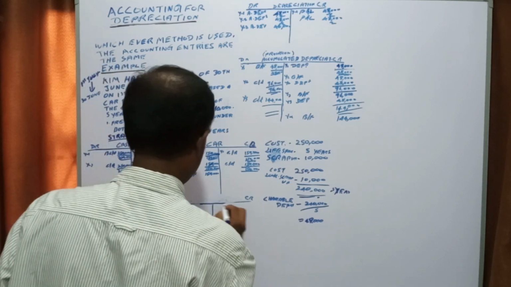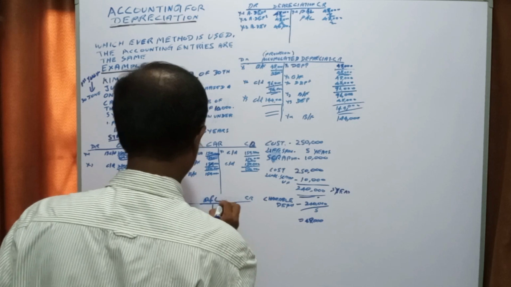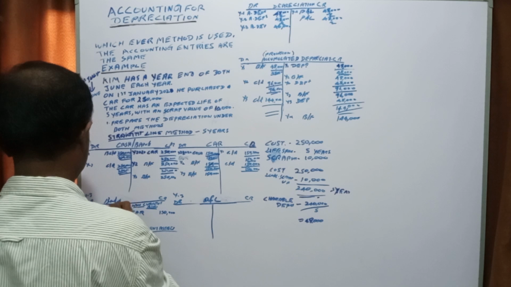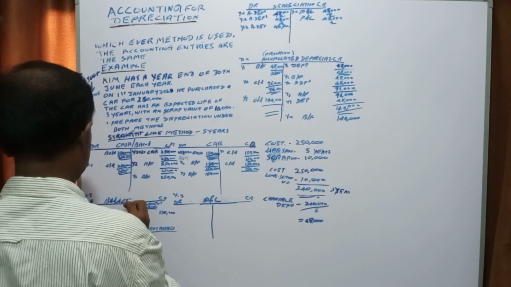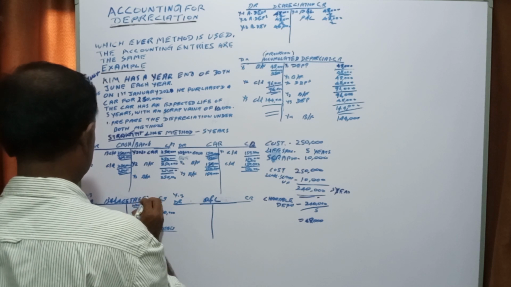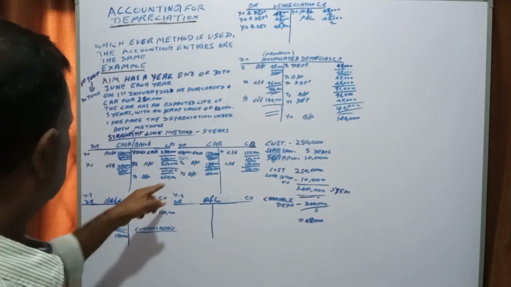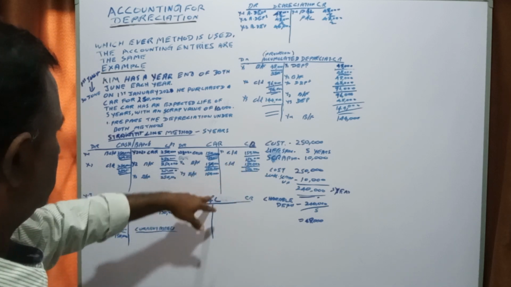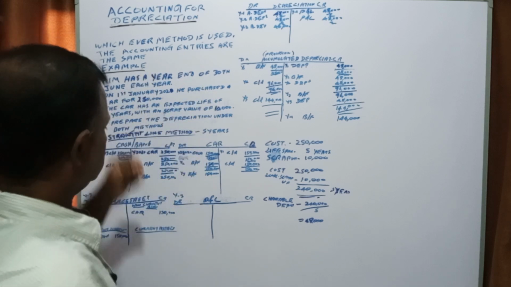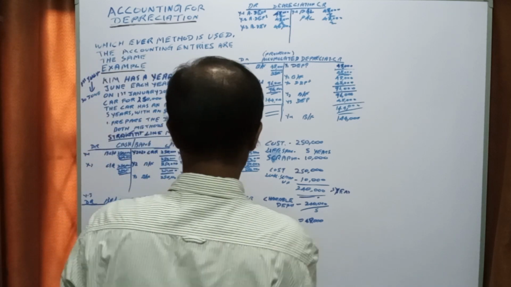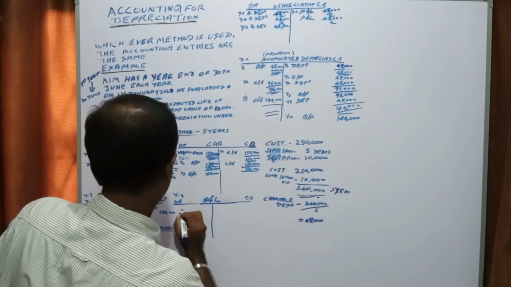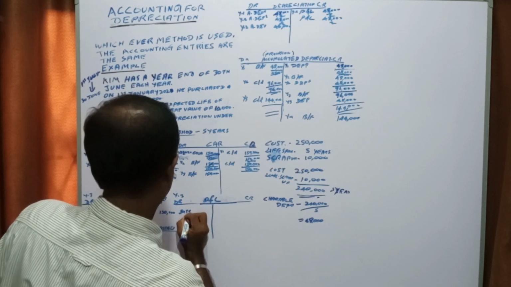This is profit and loss. This is balance sheet. Next one is car we have taken, cash we have taken. Next one is depreciation. Depreciation comes under distribution expenses.